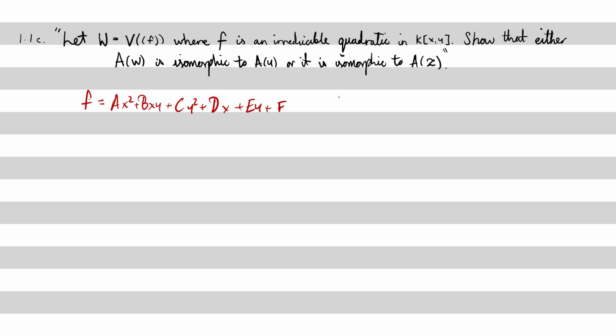If we write down a matrix, which is A, B over 2, D over 2, B over 2, C, E over 2, D over 2, E over 2, F, now, if the determinant of this is equal to 0, then F is reducible, so we don't want it to be 0.